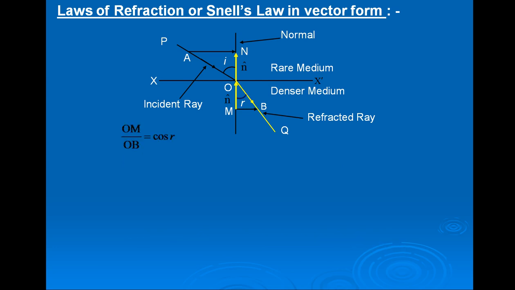OM upon OB, base upon hypotenuse, is equal to cos r, or 1 upon OB is equal to cos r.